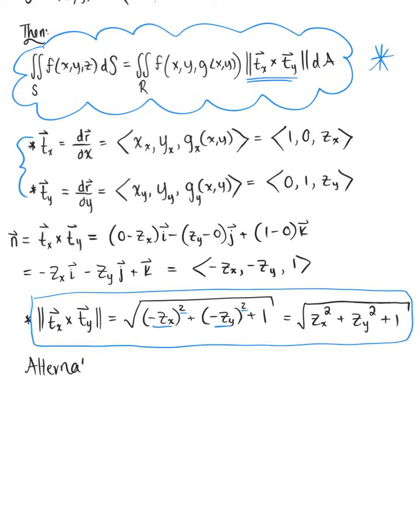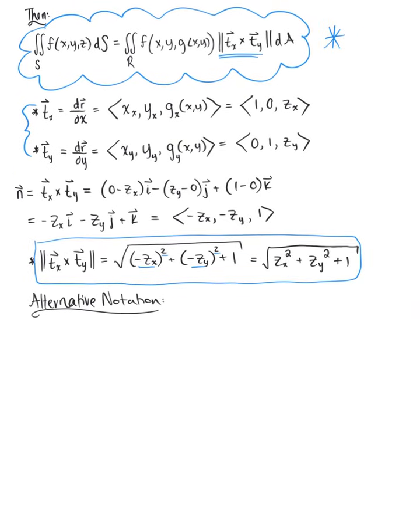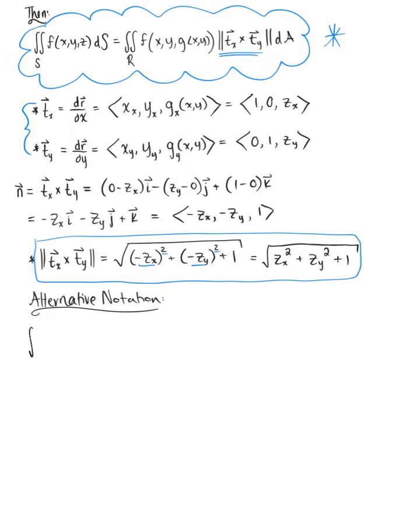So these, of course, are equivalent, as we have just seen, but this alternative notation can be helpful in computation. So this is the double integral over that explicitly defined surface S of the function f of x, y, z. And as always, we are integrating with respect to the surface area.